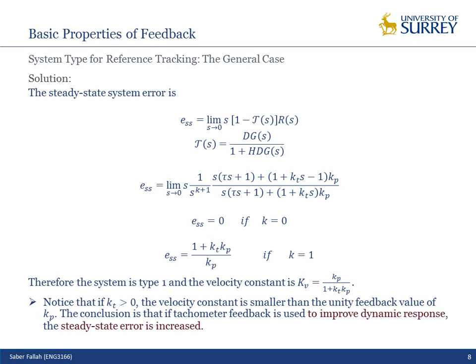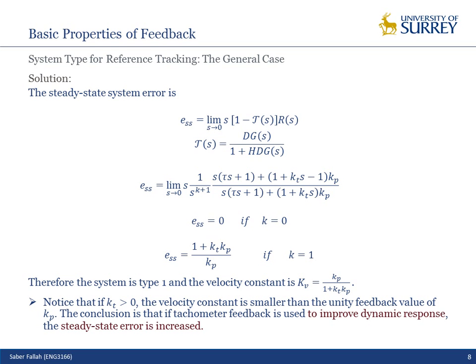If I have Kt bigger than 1, the value will be bigger than the unit feedback system, which means that if I use a tachometer in the feedback as a sensor, I can improve the dynamic response of the system, but the steady state error will increase. So it's a conflict between what you want to do and what you will achieve.